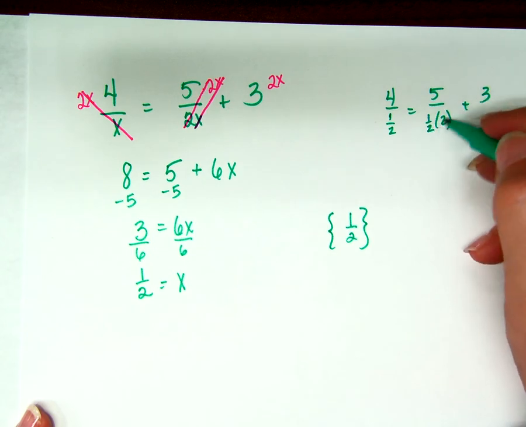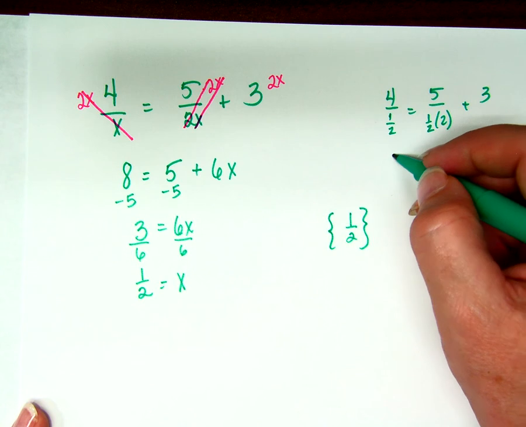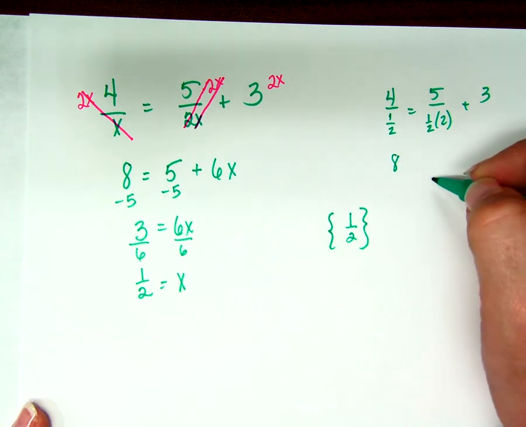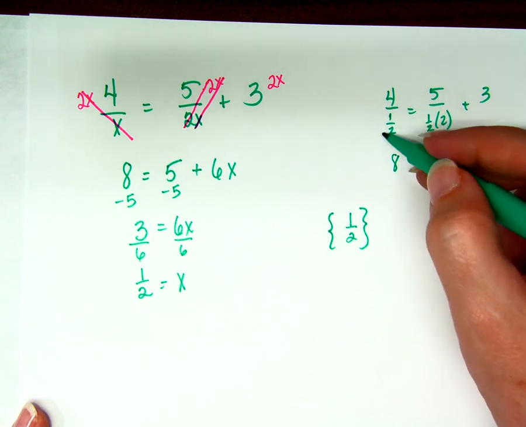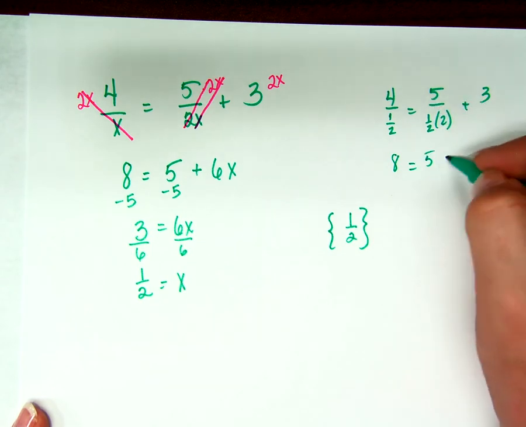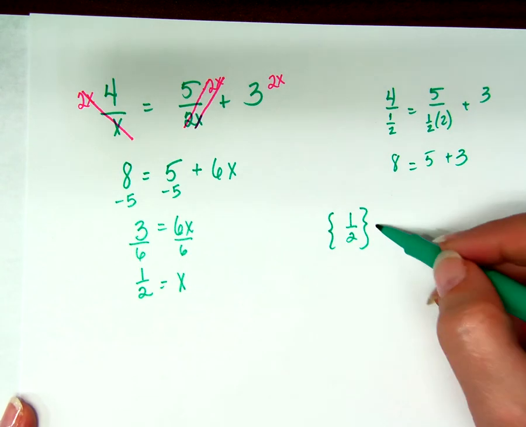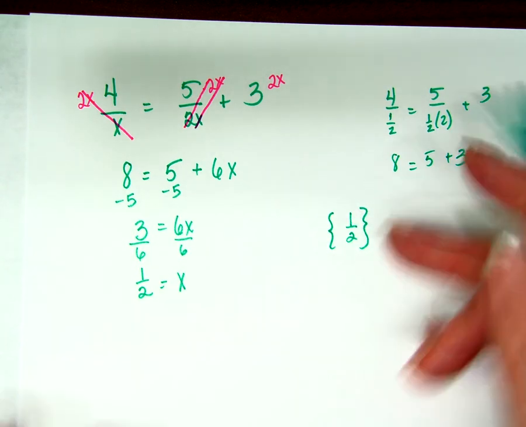Well, 1/2 times 2 is just 1. So 4 divided by 1/2 is 8, right? Because it's like multiplying numerator and denominator by 2 to get rid of it. This is 5. This is 3. Is 8 equal 5 plus 3? Yes, so I know that my answer set is correct.